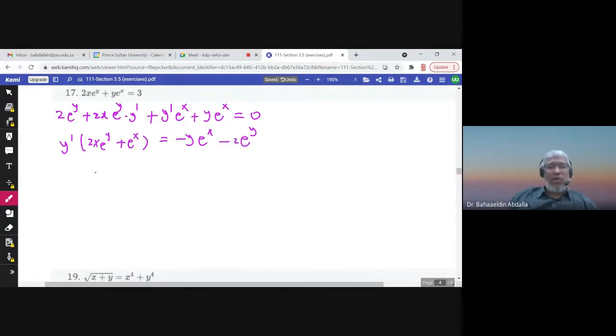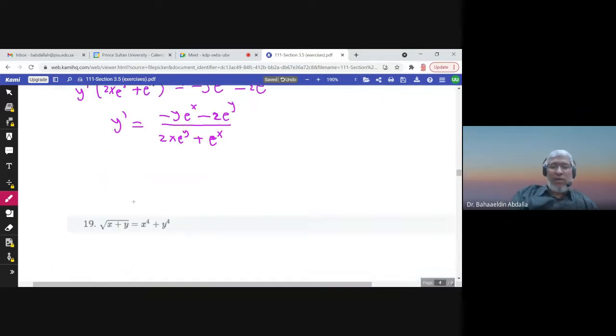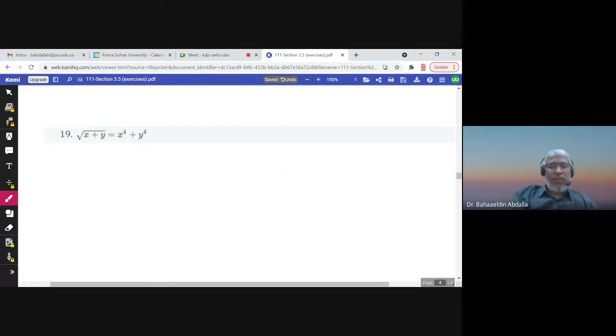Then y prime would be, you can see that if you understand the derivatives and the chain rule, then solving for y prime is somehow similar in all of the previous questions.